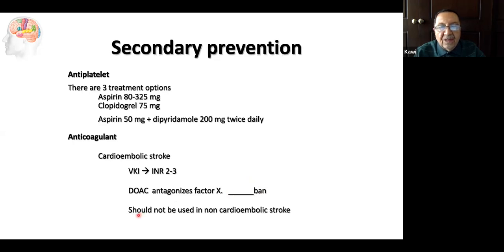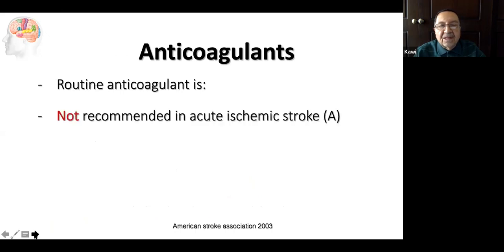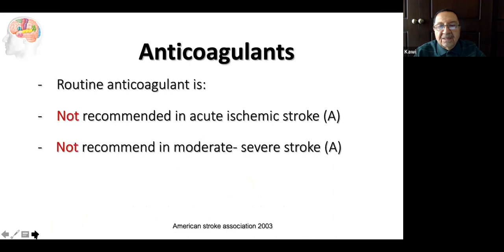And it should not be used in non-cardioembolic stroke. It is strictly for cardioembolic stroke. So anticoagulants are not recommended for acute ischemic stroke. Some people think, why don't we give heparin? It is not recommended. And it is not recommended in moderately severe stroke.